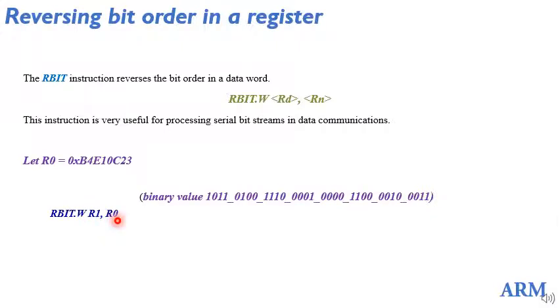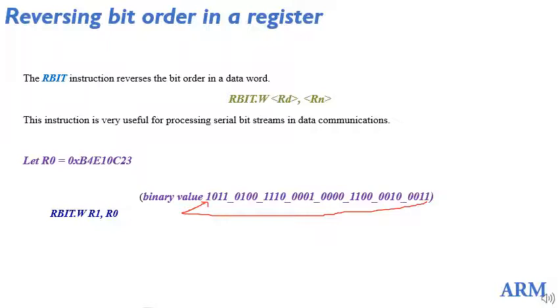Now the instruction to be executed is RBIT.W R1 comma R0. That is, R0 is the source which you have to reverse, and the reversed number will be stored in R1. So let me try to reverse the number. Reversing means the least significant bit should come to bit number 31.